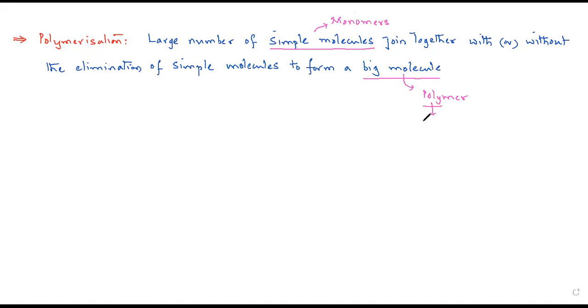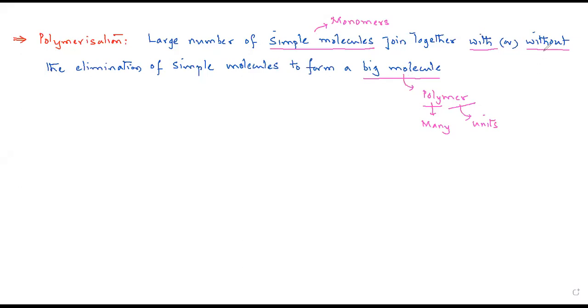Poly means many, mer means units. So it will have many units of only one kind of species or more than one kind of species. And there is something like with the elimination or without the elimination of simple molecule.